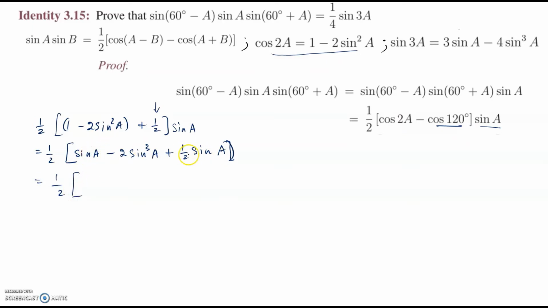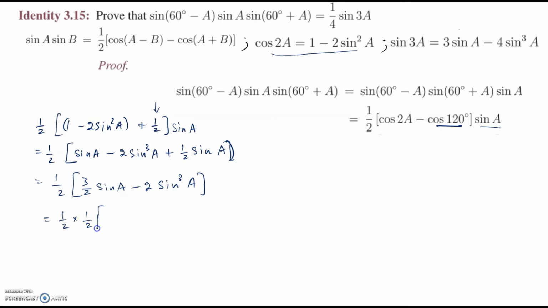Sine A plus half of sine A will become 3 by 2 sine A minus 2 times sine cube A within brackets. Now, if I multiply and divide by 2, so it's 1 by 2 here.